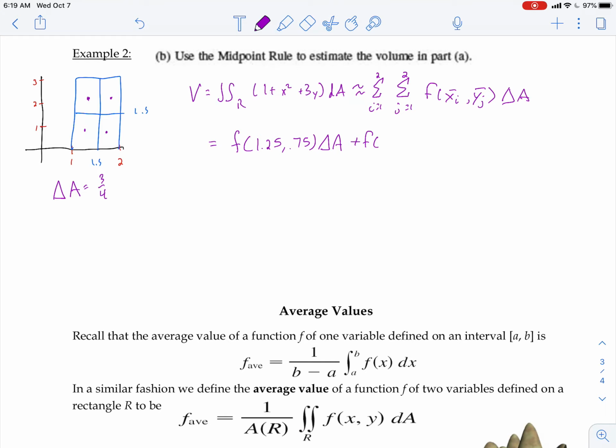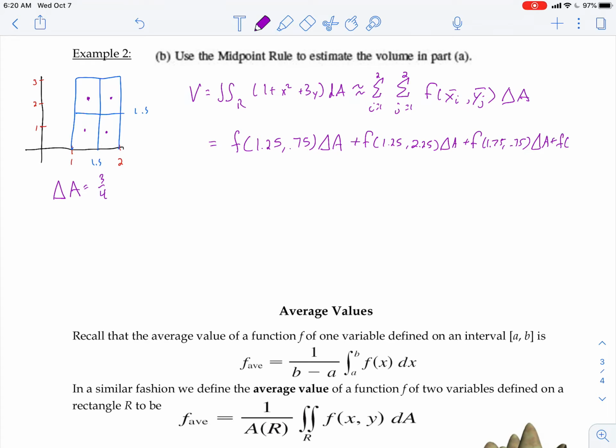Plus f of, and so our next one's going to be 1.25 and then 2.25, times delta A, plus f of 1.75 and 0.75, times delta A. Running out of room.